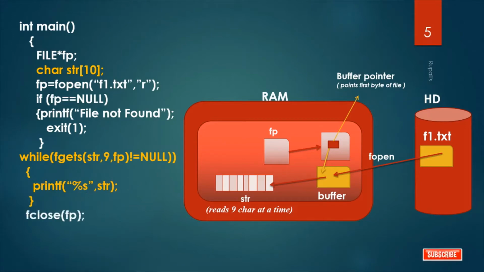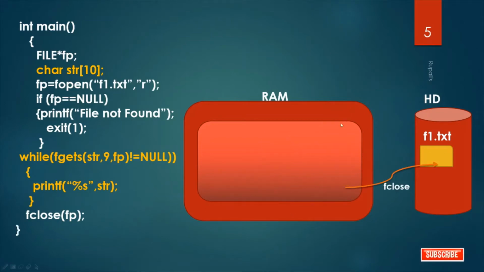In this way, till we get NULL, fgets reads the string and prints it to the output screen. After that, when we call fclose(fp), all links will be lost and the file is saved again to the hard disk. In this way, fgets reads a string of size 9 from the file.